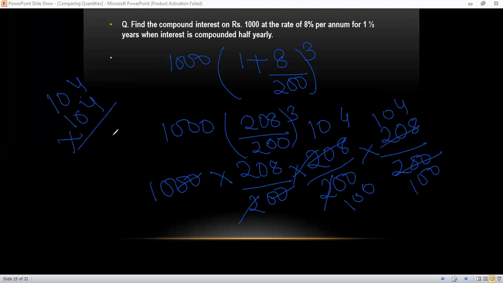Multiply these numbers, and then you have to multiply this 208 also.